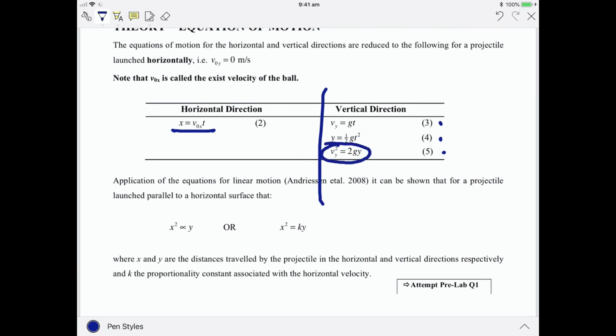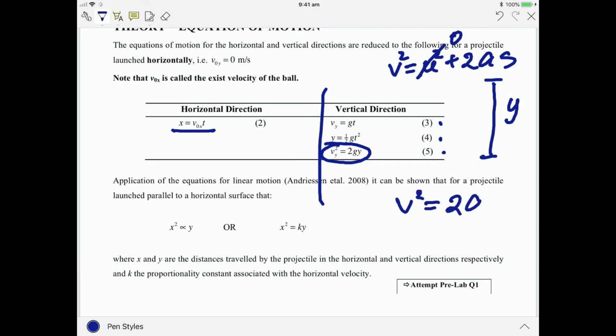This equation is just like v squared equals u squared plus 2as. It's just like this, but this time you use it in a vertical sense and your s becomes your y. Can you see it? And your initial is 0. So therefore, v squared equals 2ay. So it's nothing mysterious. It's just the same equation you've been using in different contexts.